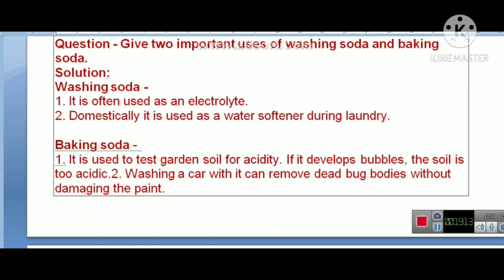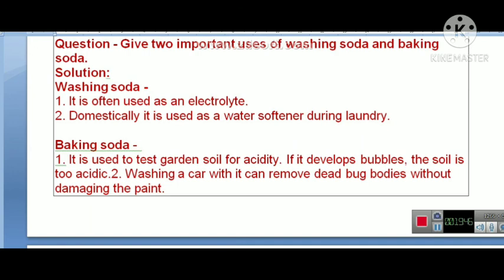Now baking soda. Baking soda is used to test garden soil for acidity. If it develops bubbles, the soil is too acidic. Why does it develop bubbles? Because the gas which comes out is not dissolved in the water, but in the soap solution it forms bubbles. Thus, the acidity of the soil can be checked with the use of baking soda.